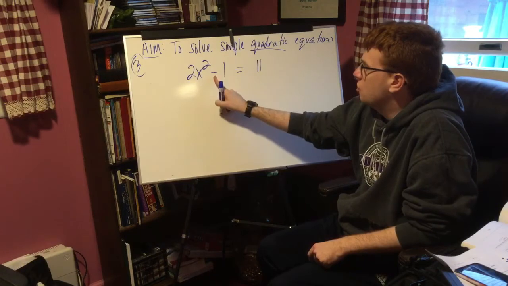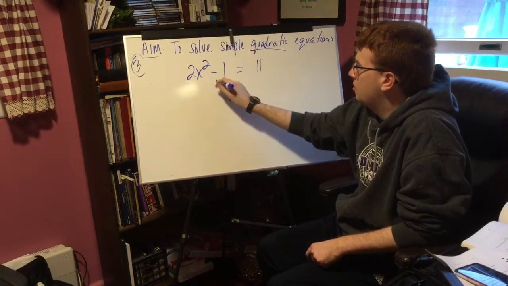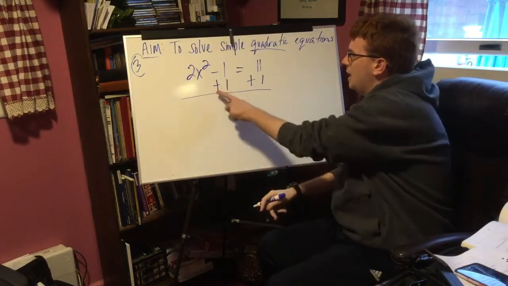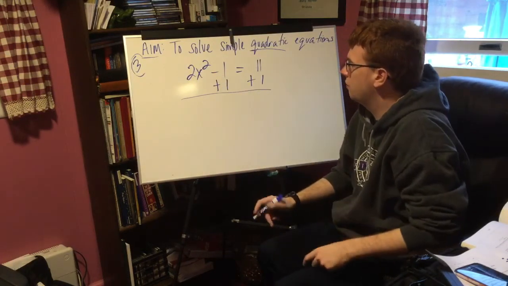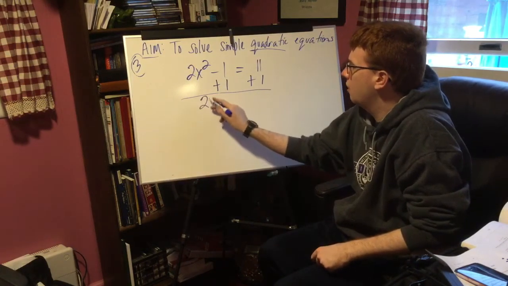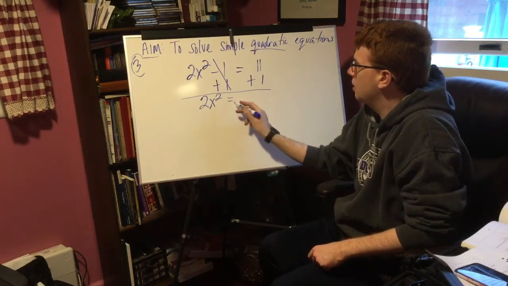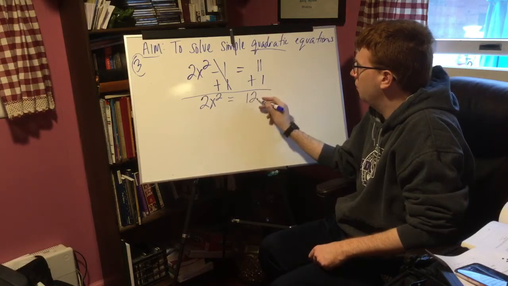First, we're going to have to add the 1 to both sides, since that is in the way. And I'm adding it to undo subtraction using the inverse operation. The 2x squared would come down. These cancel out. The equal sign comes down, and now this is a 12.